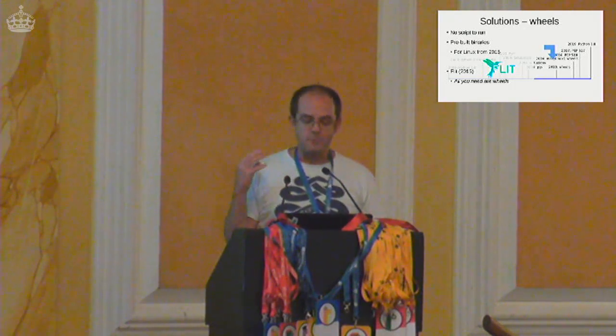So a wheel package file has a standard layout. A tool like pip can get a wheel and unpack those files onto your system without running any script or any code contained in the wheel. So we're taking away a bit of control from the packages and giving it to the tools on the user side.